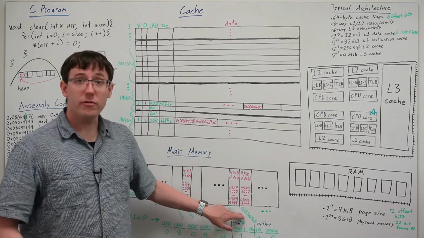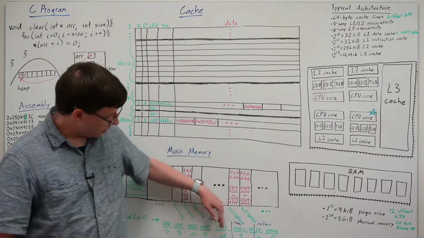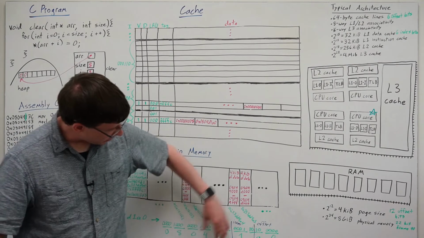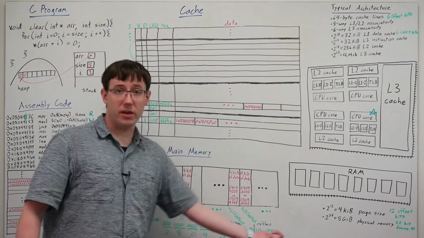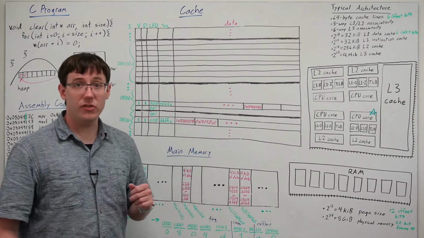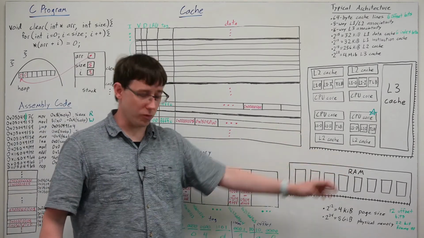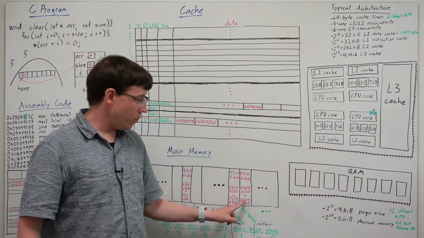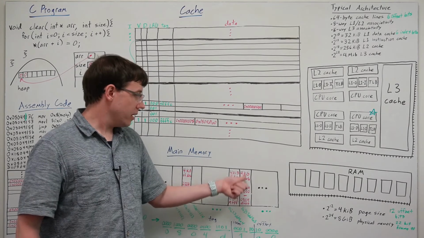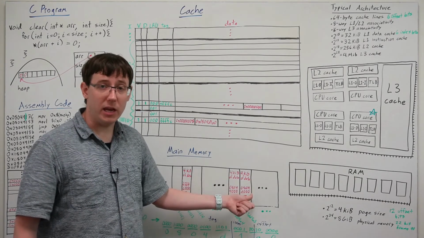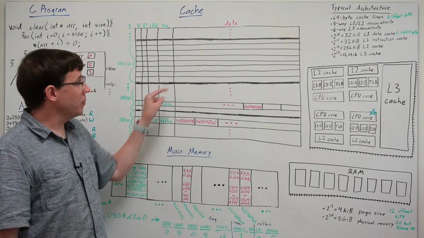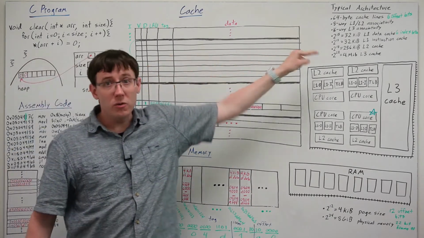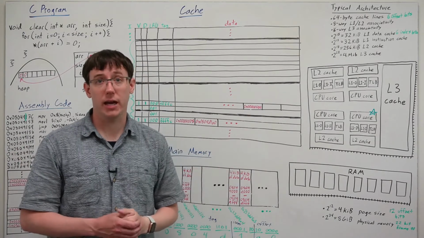So now that we have a frame number from the page table, we can replace our page number with that frame number and combine it with the page offset as the address that we are sending to the RAM. And the RAM will send back data that came from within this page, and in fact, it will send us a 64-byte block of data that we can use to fill in a line of the cache.